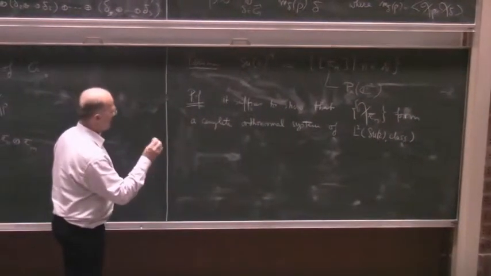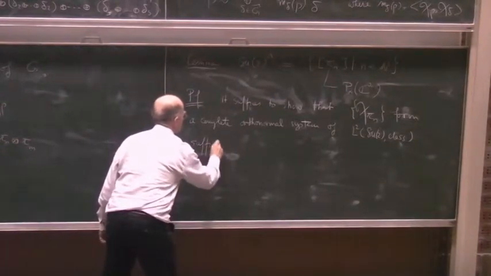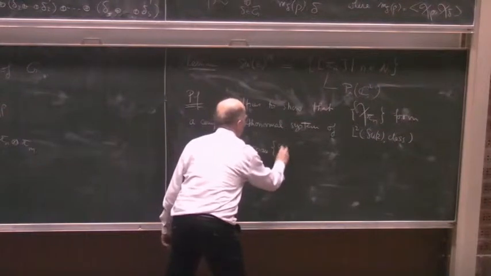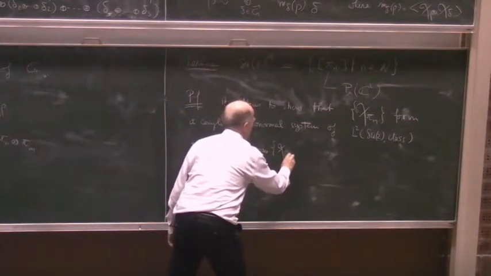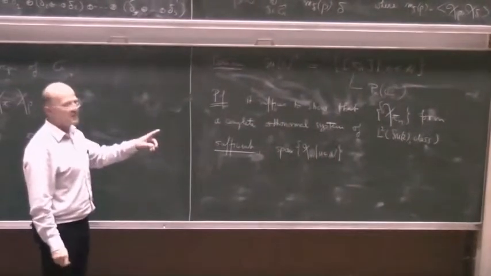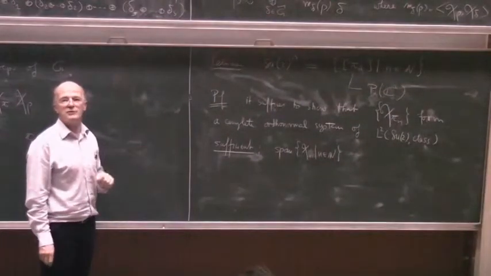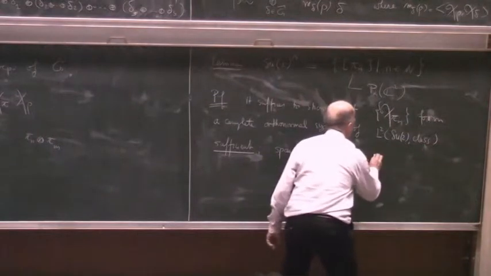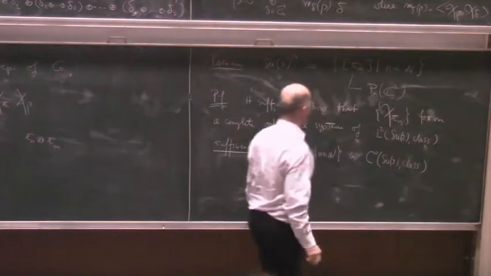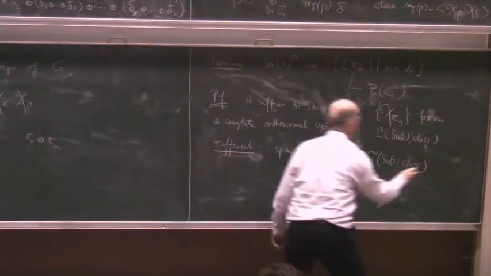Now, for this, it suffices to show that if you take the linear span of all those characters, chi n, and show that this is a dense subspace in the space of continuous class functions, equipped with the sup norm.